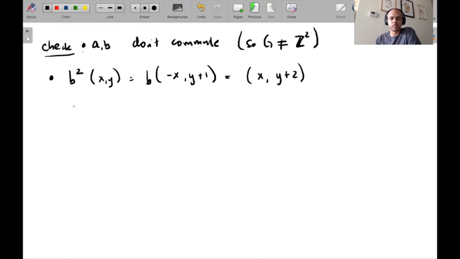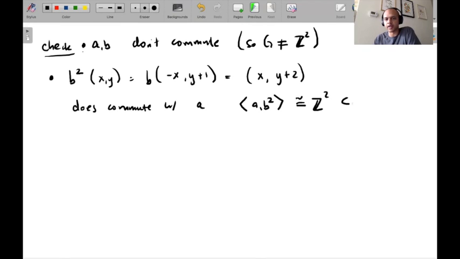This is a vertical translation, which does commute with A. So the subgroup generated by A and B squared is isomorphic to Z squared, and it's a subgroup of G. So you have the subgroup which just translates. Okay, so all of this is just meant to give you a little bit of intuition about this group.